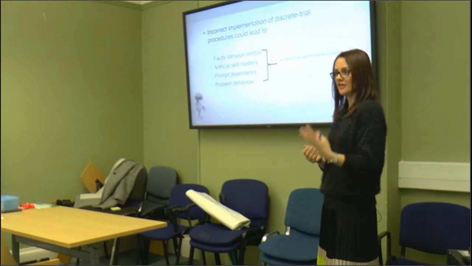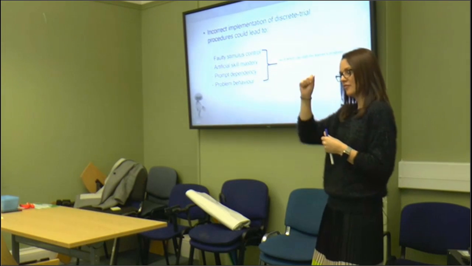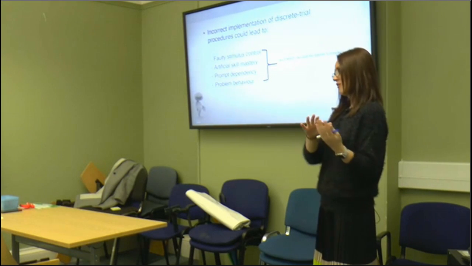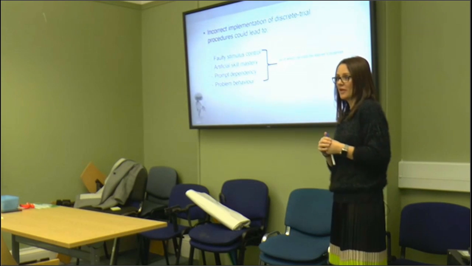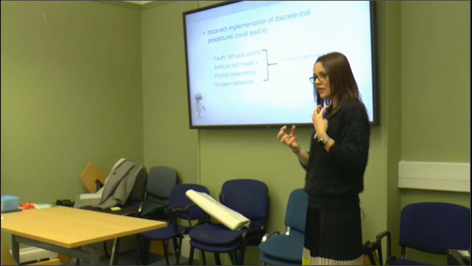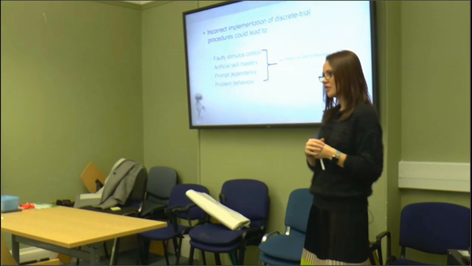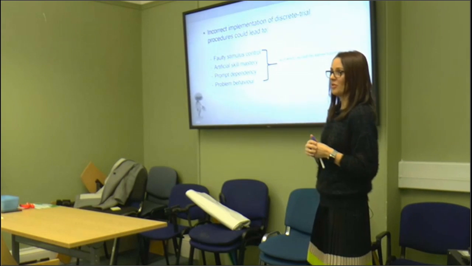They've always been presented in the same order. So again, this leads to this artificial skill where, yes, they've mastered that, let's move on to the next target. Prompt dependency. You can get high levels of prompt dependency if we do not fade out our prompts quickly enough whenever the trial is in place, and once the child has understood how they're supposed to be responding. And then you can get the problem behaviour.